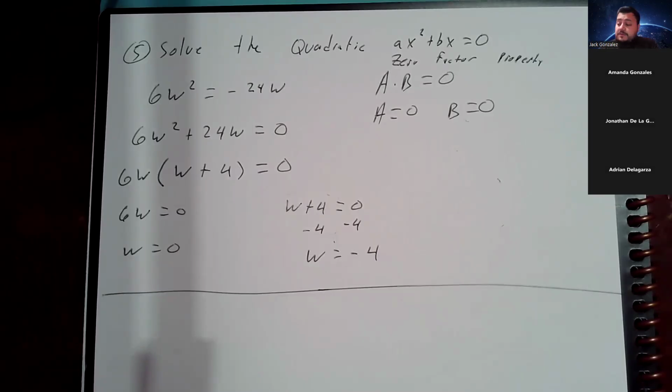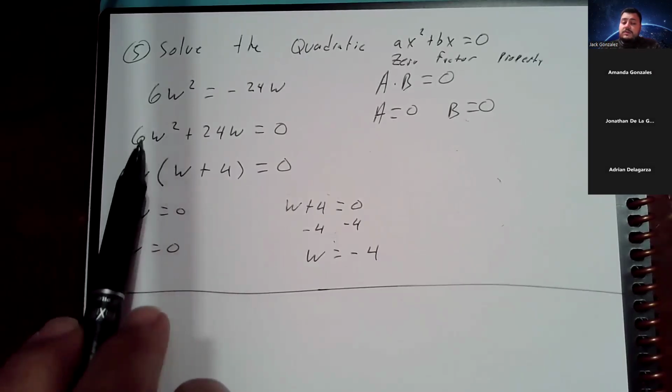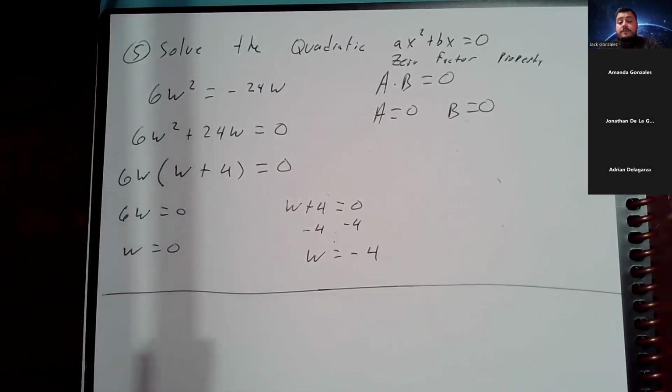So the first strategy for solving a quadratic is check if there's a GCF. Usually when you see just two terms like this, GCF is the way to go. There's no need to be doing the quadratic formula or something crazy like that, the AC method or trial and error and all that stuff. It's unnecessary.